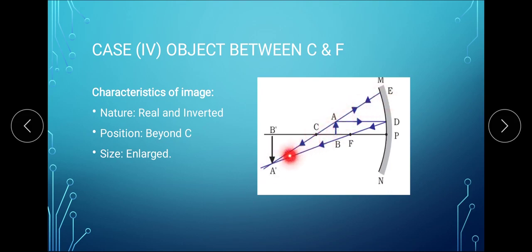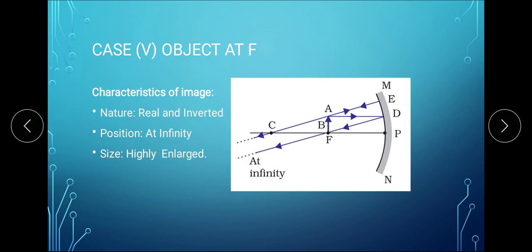So this is your second reflected ray. As you can see, both the reflected rays will meet at a point A dash, right? So your image A dash B dash is formed beyond C. C के पीछे बनेगी, real और inverted बनेगी because rays are actually meeting, and size as you can see is enlarged, is more than that of the object.